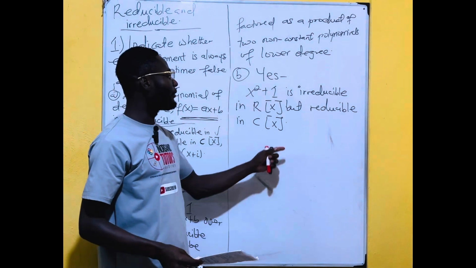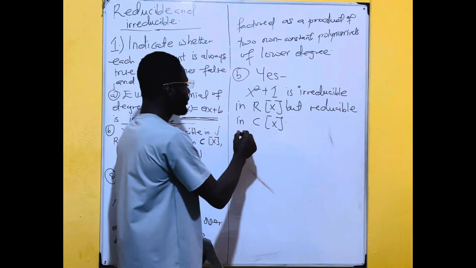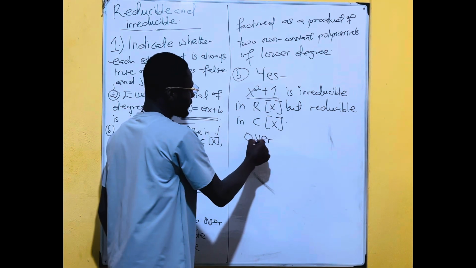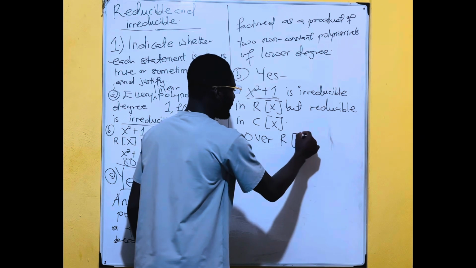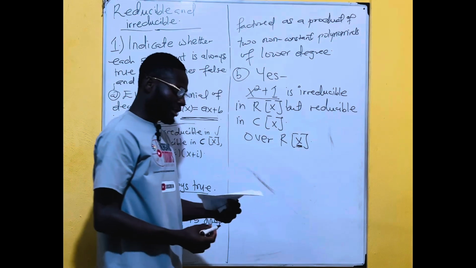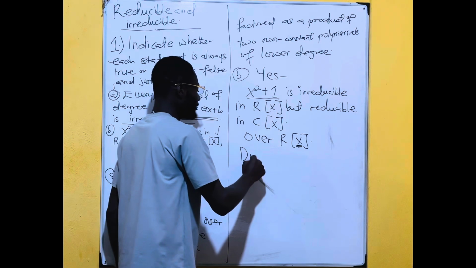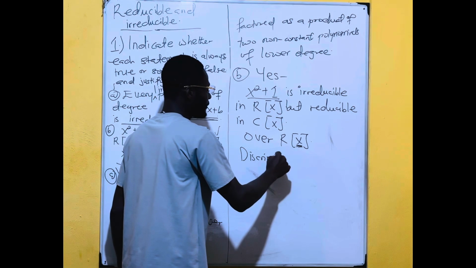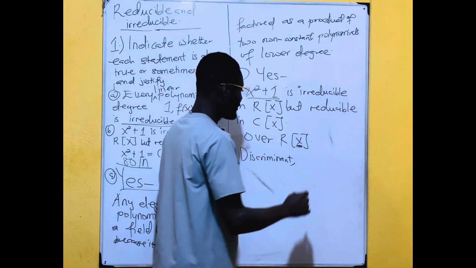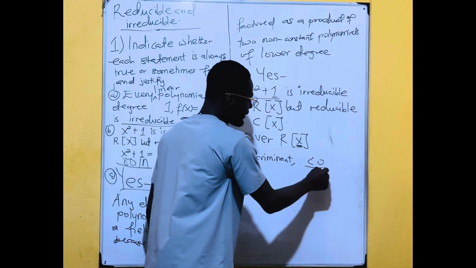So now our reason is that when you take this expression over a real number, you can say that the discriminant is less than 0.